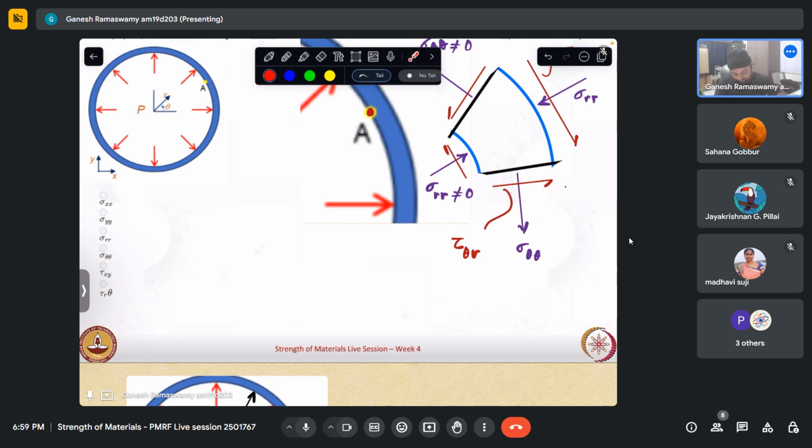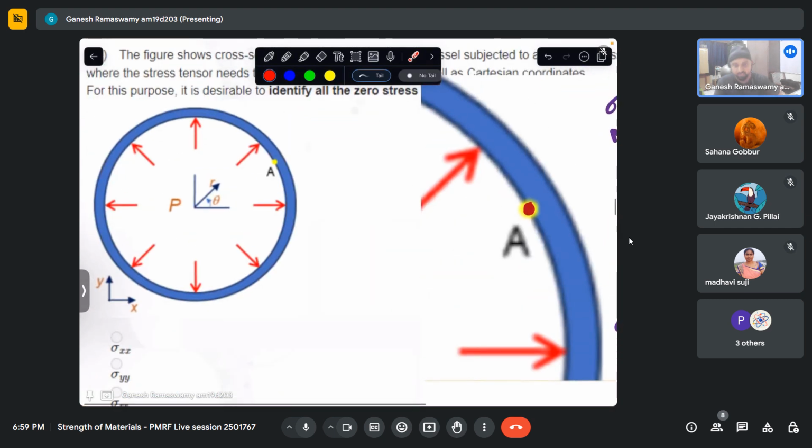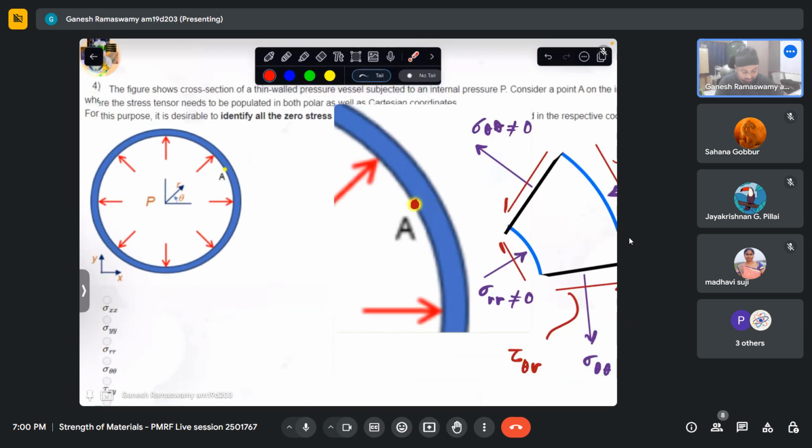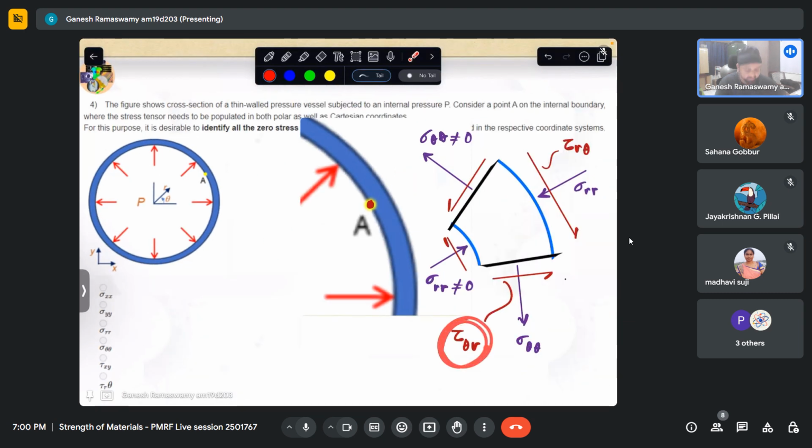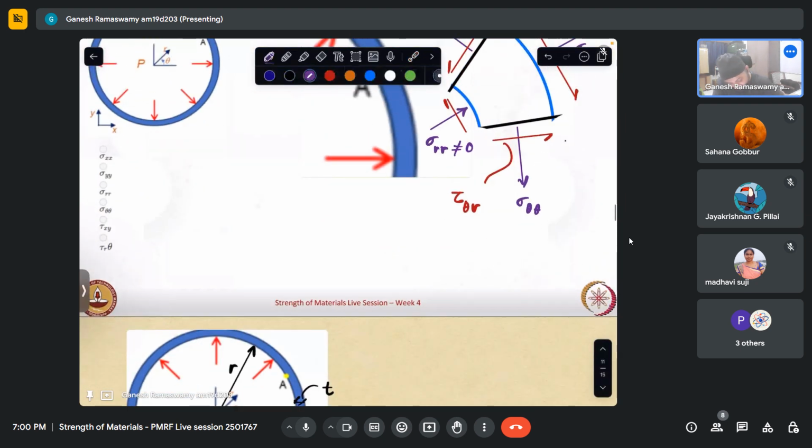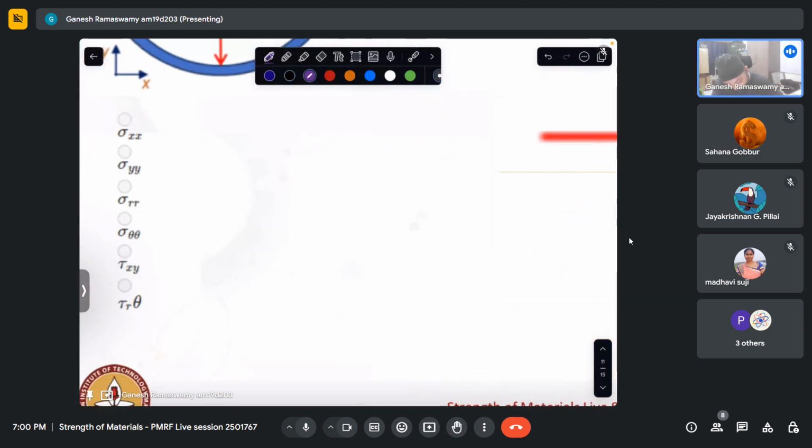Under the action of this pressure, maximum this circle can increase its radius. It cannot get distorted into some other shape because of the symmetry, and we know that shear stresses essentially only distort the shape. The shape still remains the same, which is why tau r theta has to be 0. So from here we have identified for the polar coordinate system, sigma rr is not 0, sigma theta theta is not 0, tau r theta is 0 because of the symmetry.